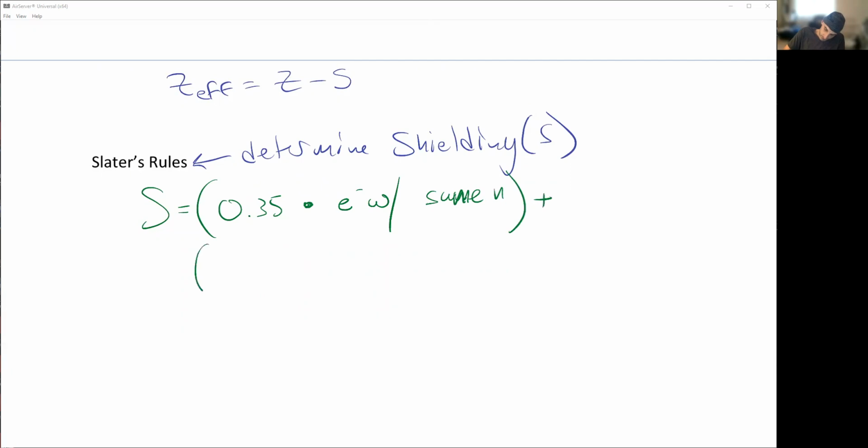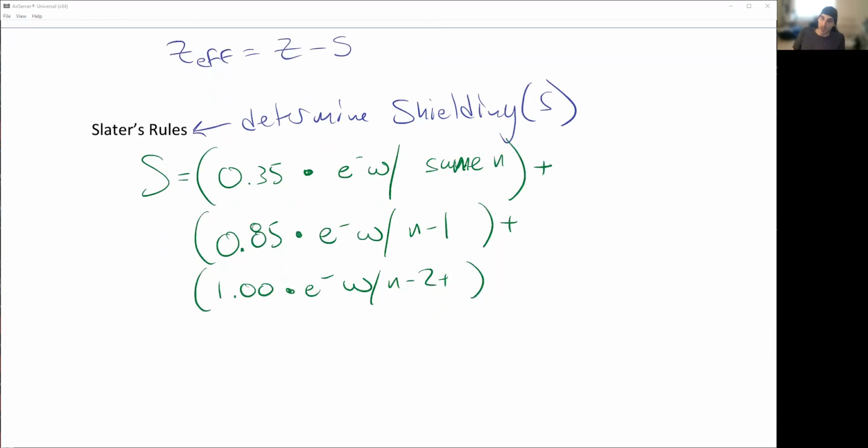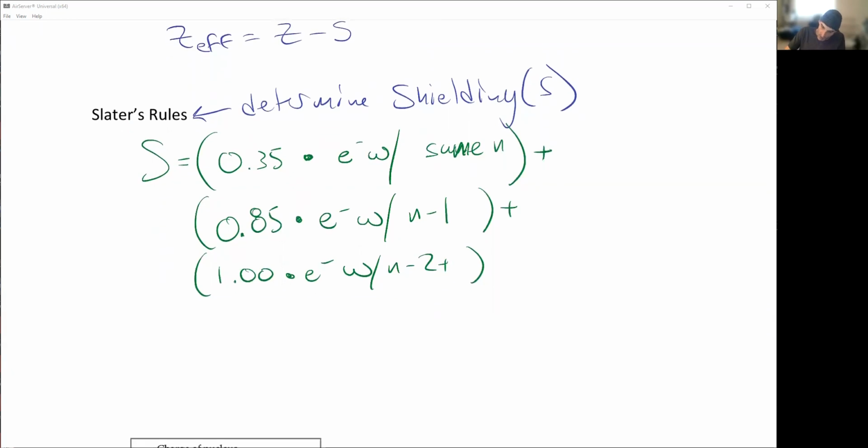Plus 0.85 times electrons with n minus 1, plus 1 times electrons with n minus 2 or greater. So any inner electrons, okay? So these are Slater's rules. There is one small caveat that we have to take a look at, and I'm going to add that in.